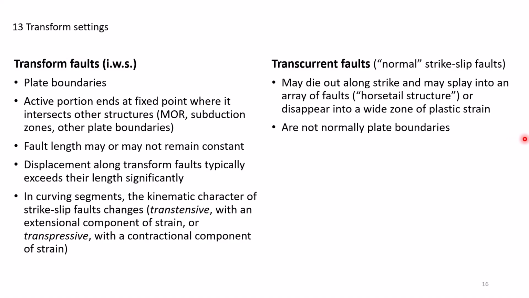Transcurrent faults are typically intraplate features. The displacement correlates with the fault length. If you just try to displace two blocks within a plate along each other, you have to grow the fault length the larger the displacement is to be.